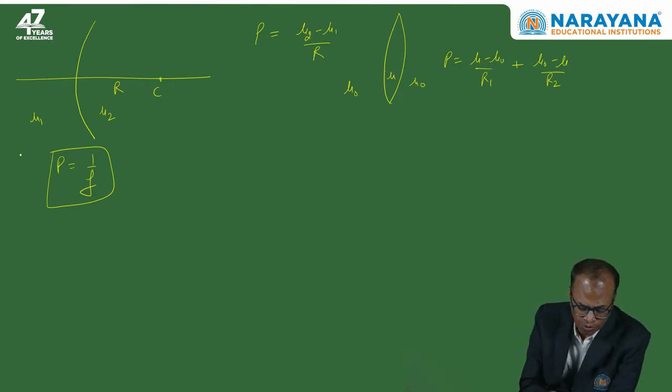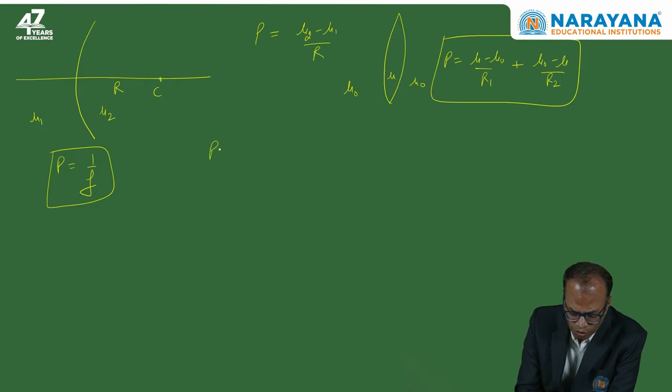First we'll solve it for this case. So if I solve it for this case, it will be 1.5 minus the refractive index of the liquid divided by 20 centimeter, that is 20 by 100.